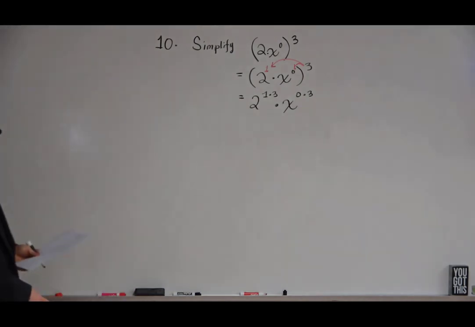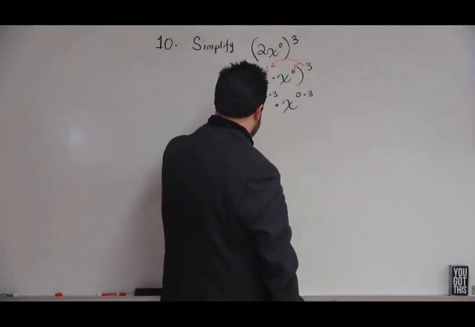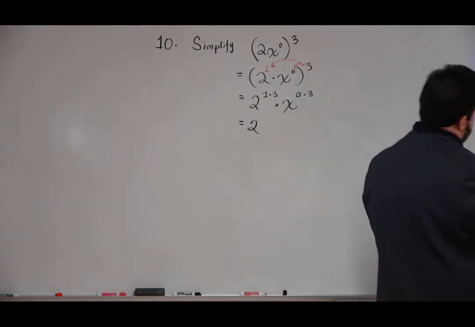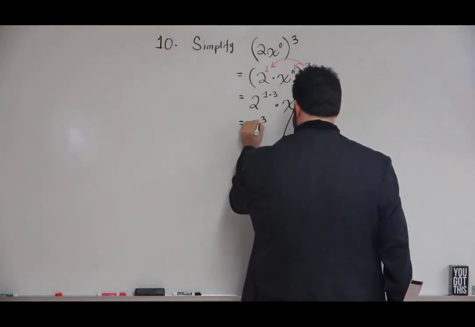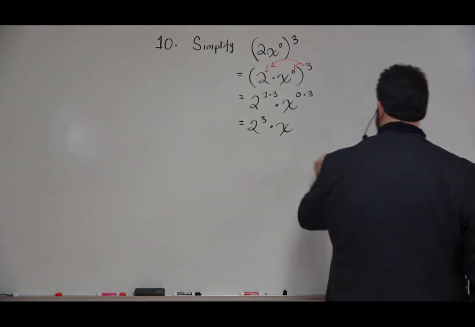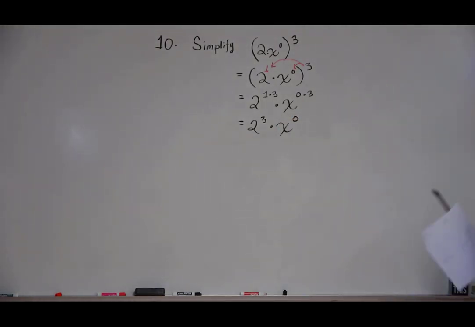Okay? All right, so now we can simplify further. We have 2 raised to the power, now 1 times 3, big brain, that's 3. And then we have x, 0 times 3, that's 0. 1, 0, who's our hero?